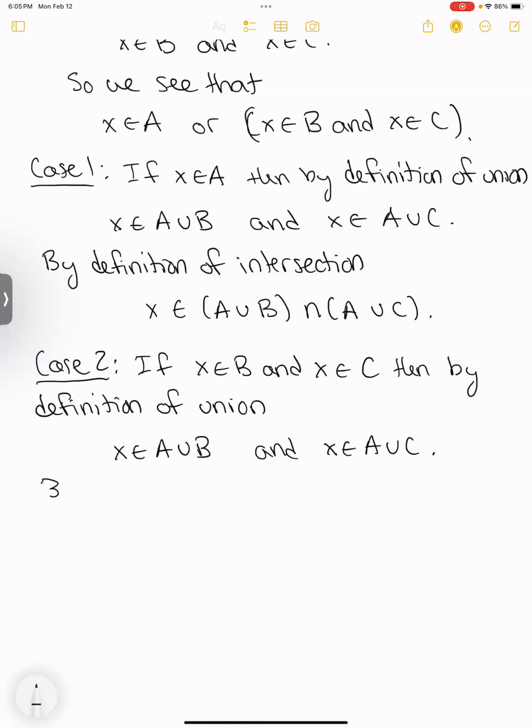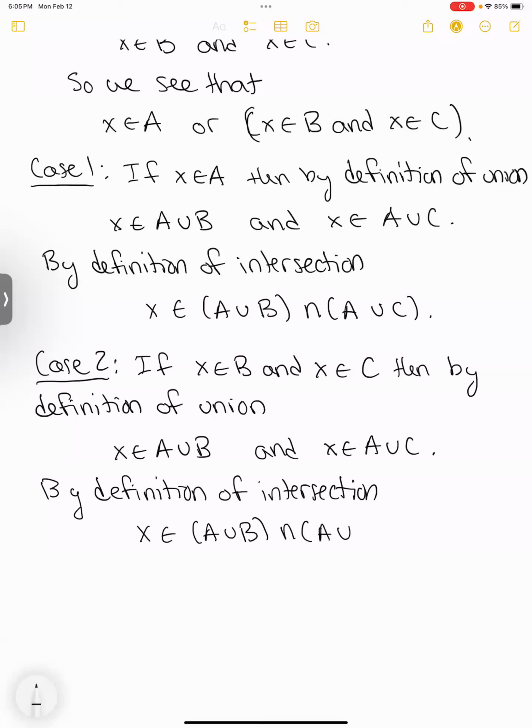And then again, by definition of intersection, X is in A union B intersect A union C.